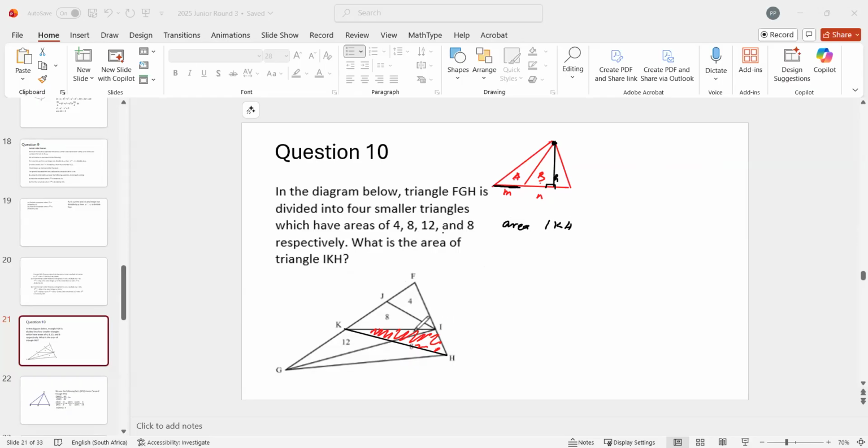now you can see that this thing here, if you look at this triangle here, you can see KI is coming out from this vertex onto this. So you have the same situation here. So I can put this area of IKH over area of KIF.